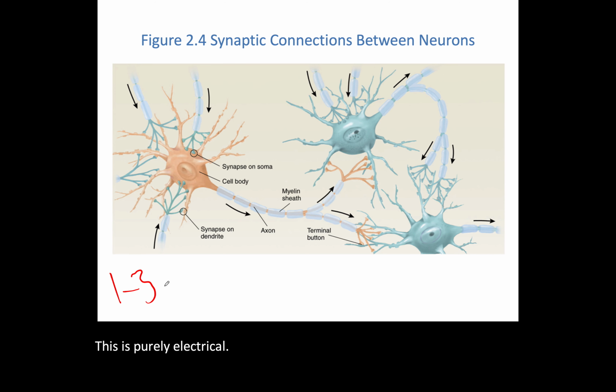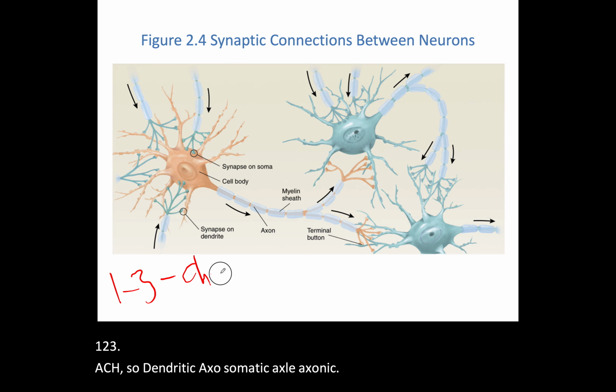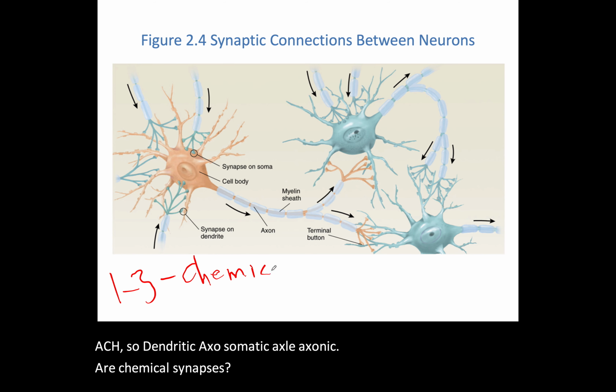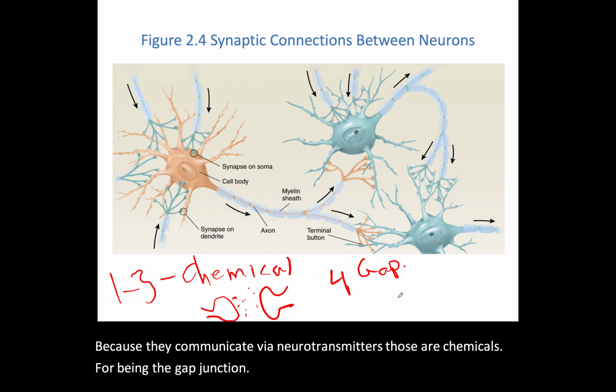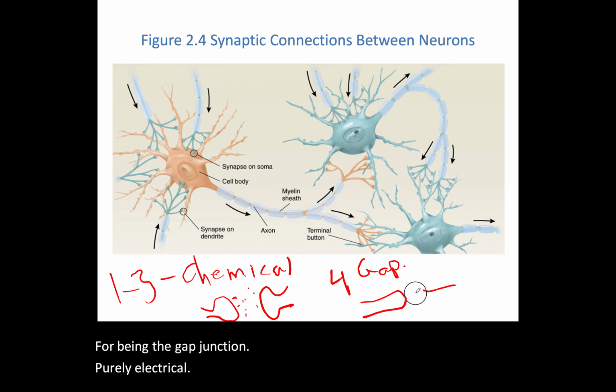One to three, axodendritic, axosomatic, axo-axonic are chemical synapses because they communicate via neurotransmitters. Those are chemicals. 4 being the gap junction, purely electrical. There's direct electrical current flow from one neuron to the other.